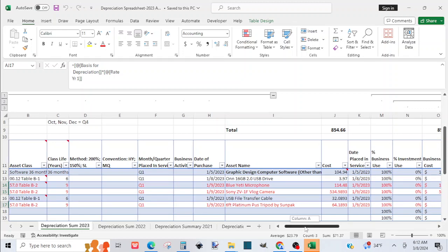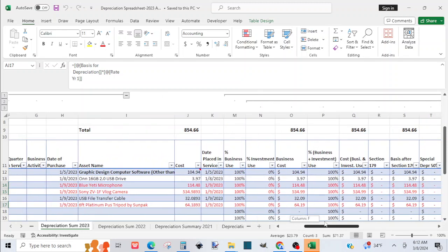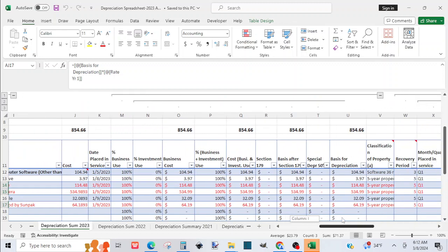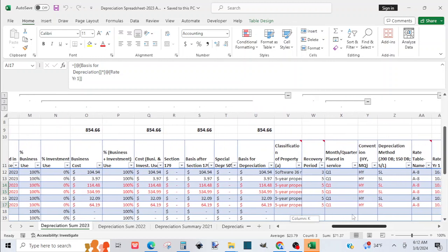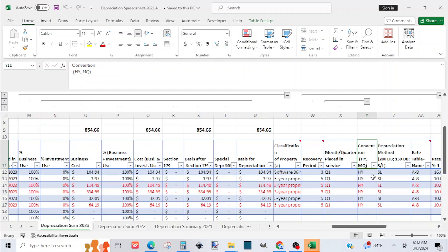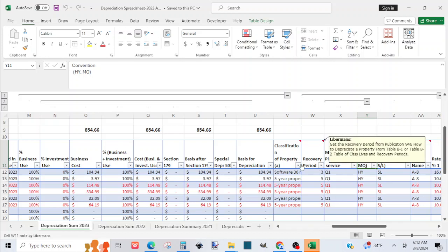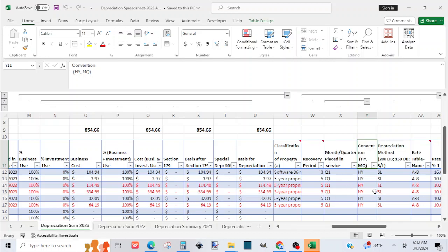Based on your answers, the software will determine the convention to use, the classification of property, and the recovery period. By default, the software will choose the depreciation method as well, and the one that will give you the highest deduction will be 200 DB.